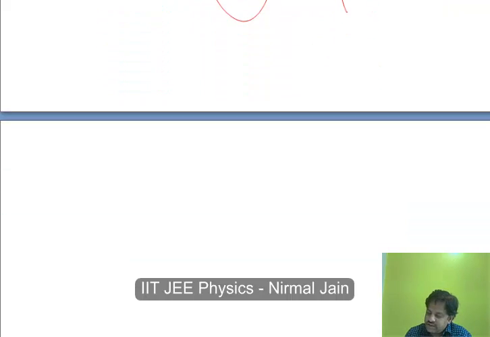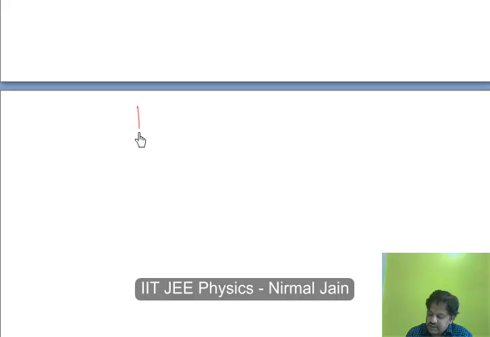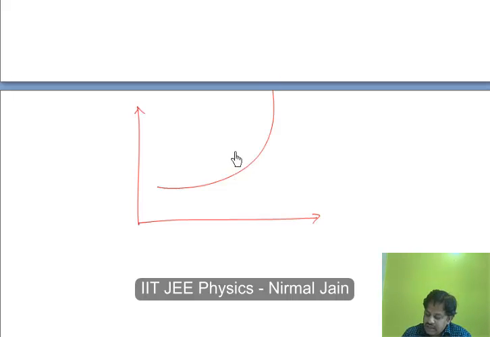Let's understand it in a more detailed manner. Let's take another graph, like say this is one more graph. If we are given a secant, this is some point x1, y1, this is some other point x2, y2. So this is a secant.